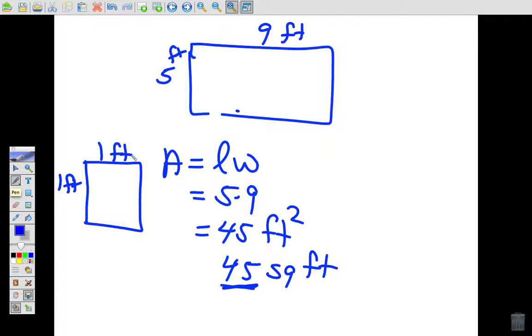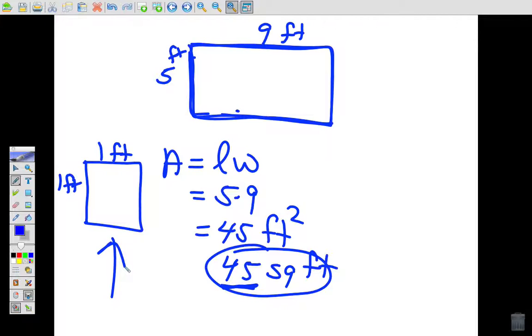That is a square foot. It would take 45 of those, if that were drawn to scale, to cover a rectangular room that's 5 feet by 9 feet. That's what we mean by square feet. So, area is always in square units.